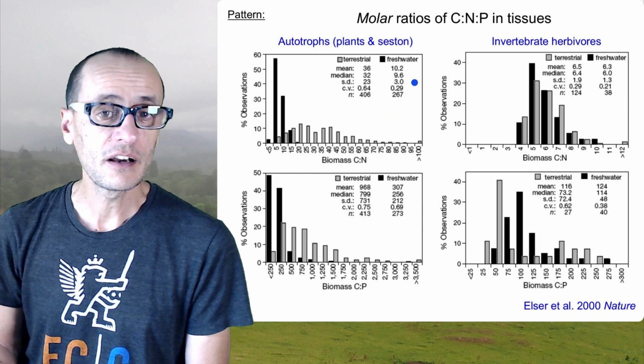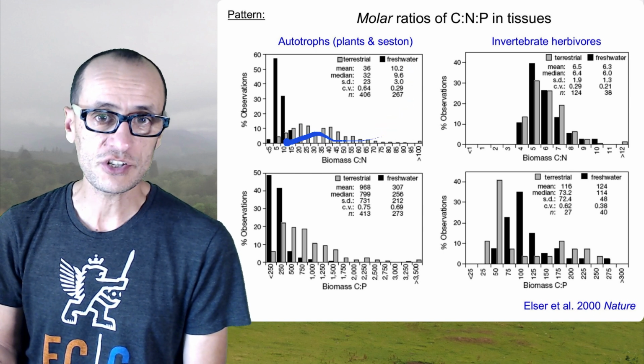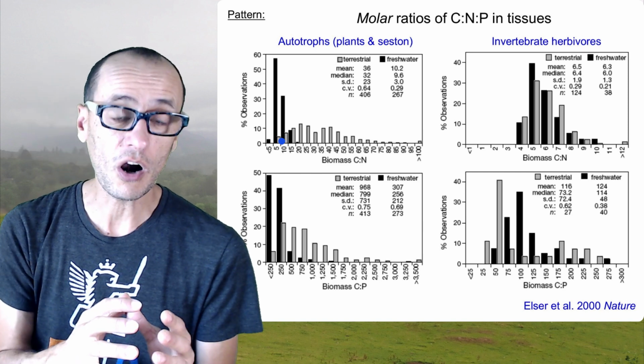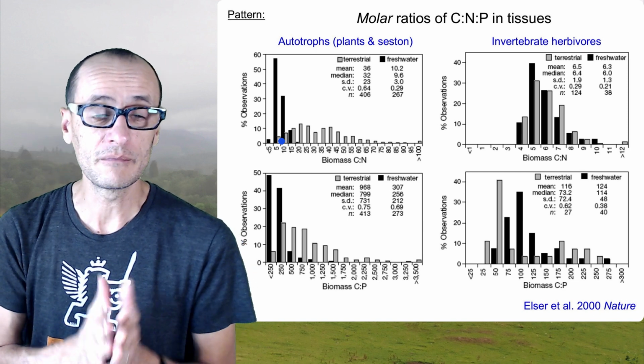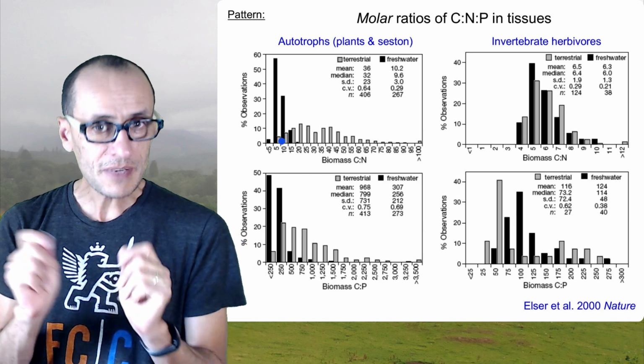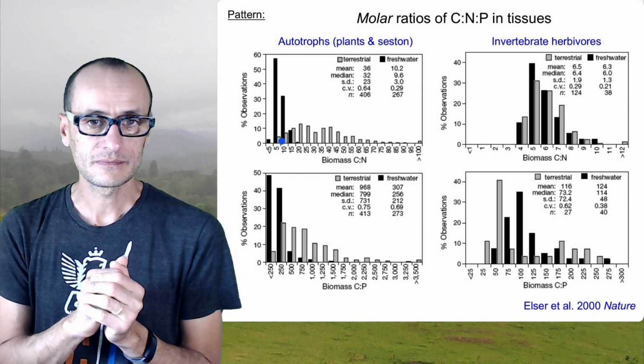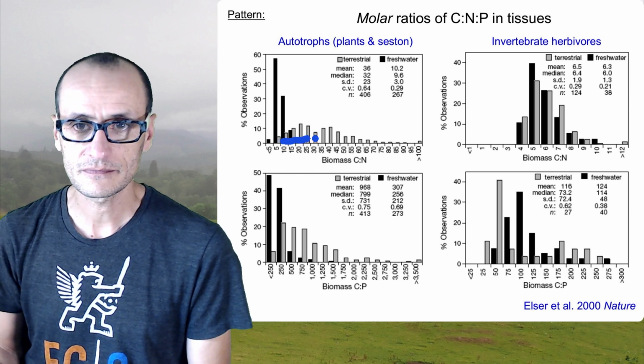For aquatic autotrophs, this ratio is actually closer to 10, meaning that there's relatively more nitrogen to carbon in aquatic autotrophs. So the mismatch between what insects need and aquatic autotrophs is smaller.